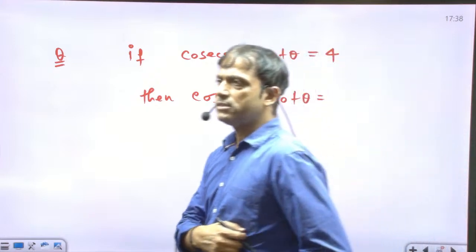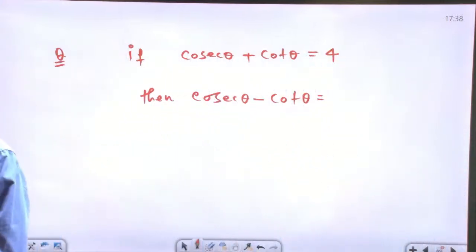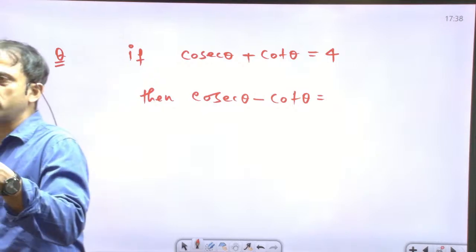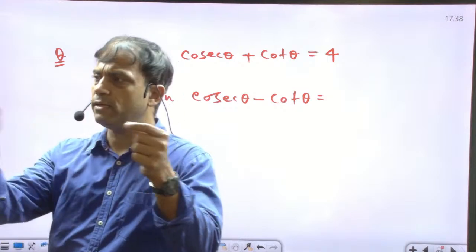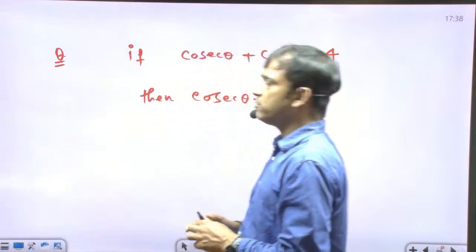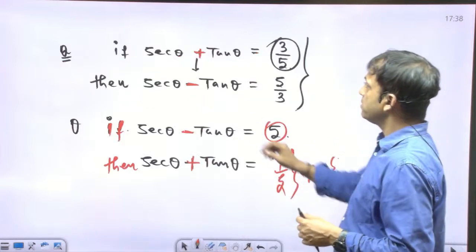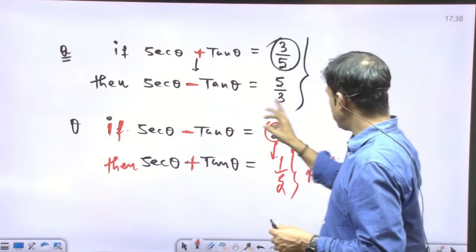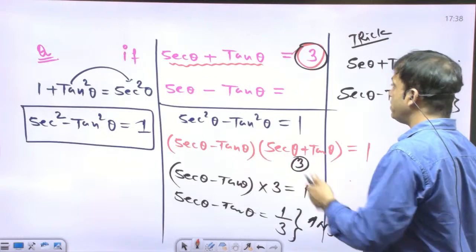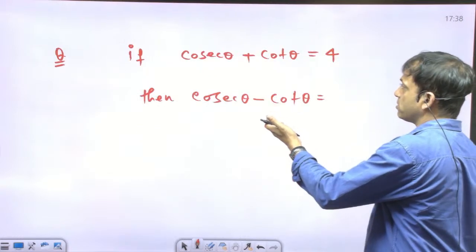There are six ratios in trigonometry: sine, cos, sec, cosec, tan and cot, and they form 3 pairs. First pair is sine and cos, second pair is secant and tan, and third pair is cosec and cot.